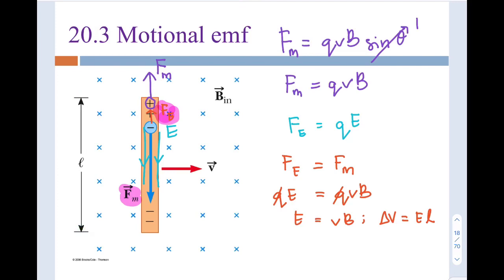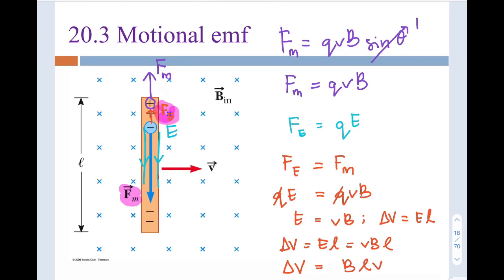So delta V is equivalent to EL, and E itself is VB, so delta V equals VBL. Normally, we put it in terms of BLV.